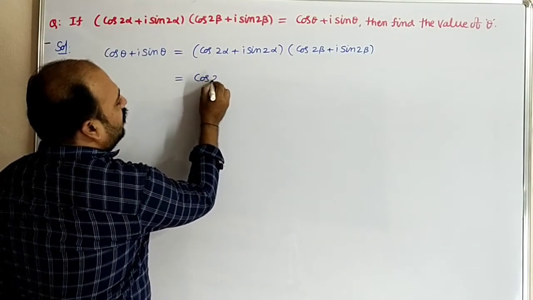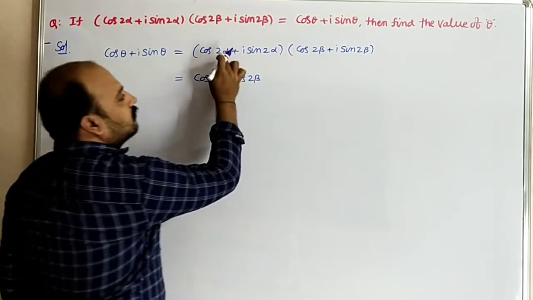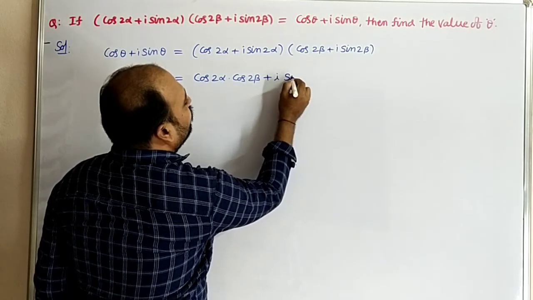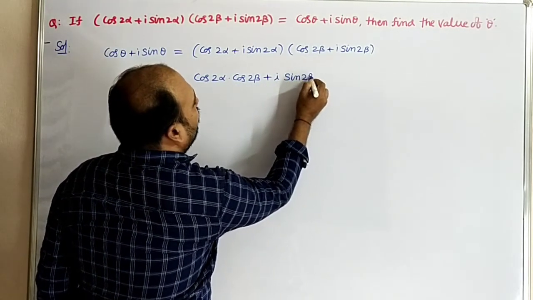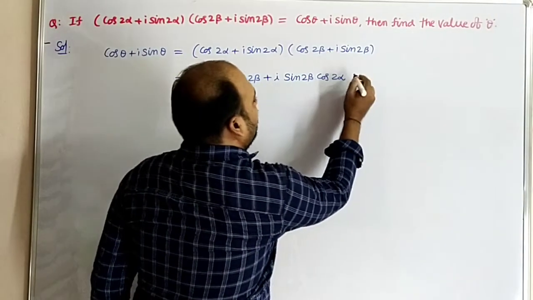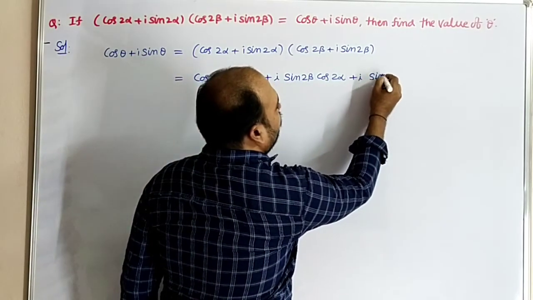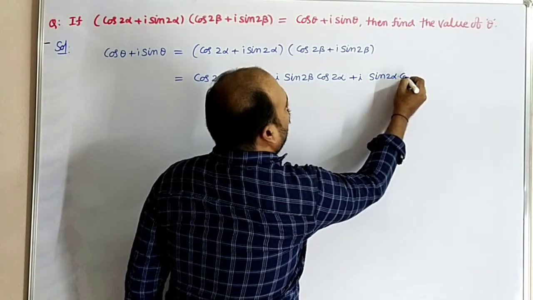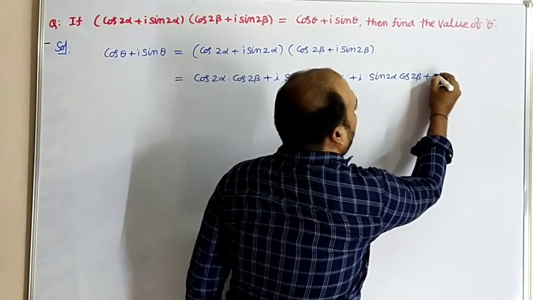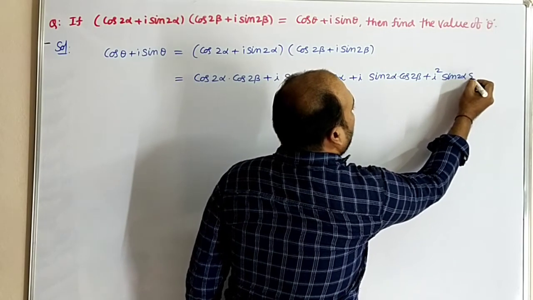Cos 2 alpha into cos 2 beta. First these two, after that these two. Plus i into sin 2 beta into cos 2 alpha, plus i into sin 2 alpha into cos 2 beta, plus i into i square, sin 2 alpha into sin 2 beta.